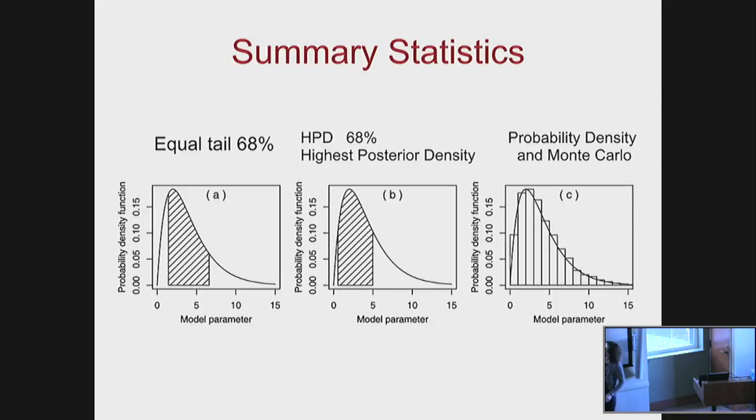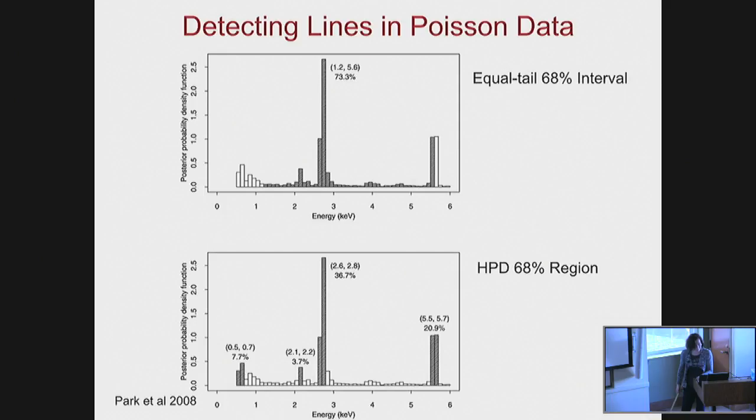For the highest posterior density, if you have a mode, you look at the 68th percentile about that. And this basically shows that the MCMC and the probability density agree for that parameter very nicely. So we can actually use the MCMC to describe our PDF, our probabilities.